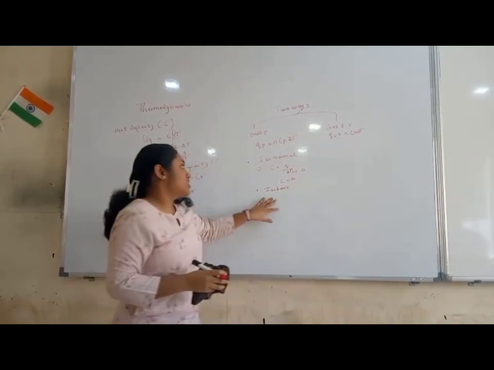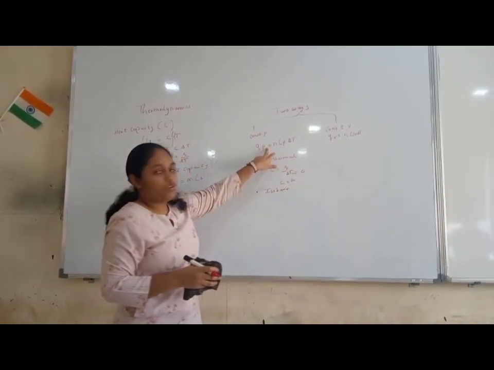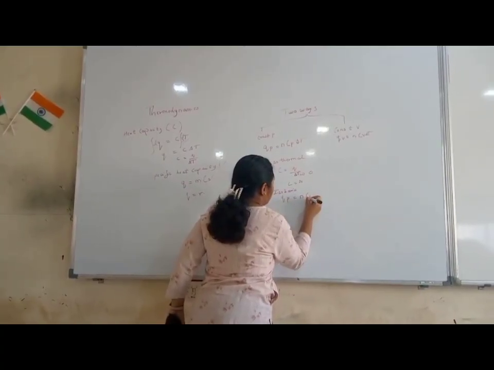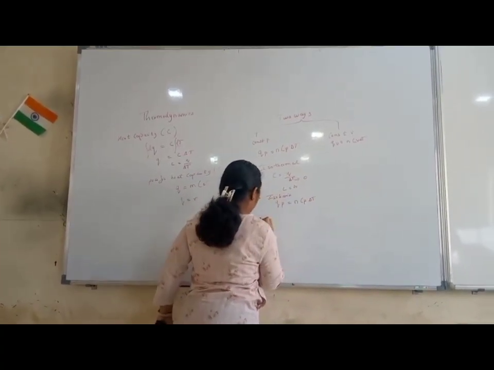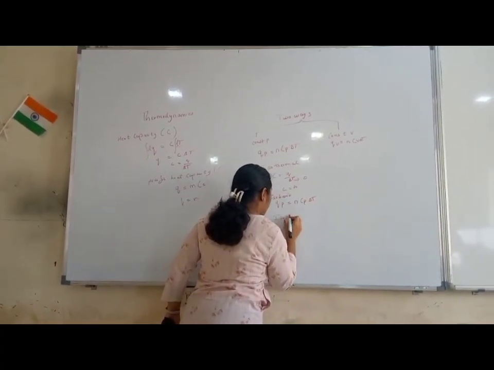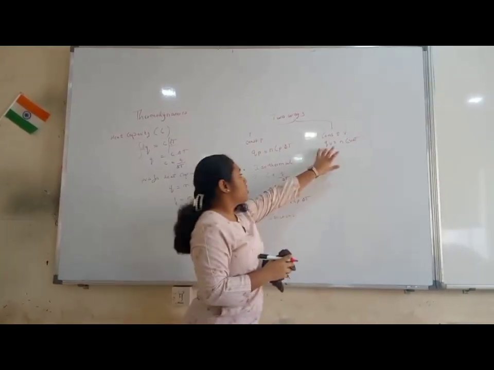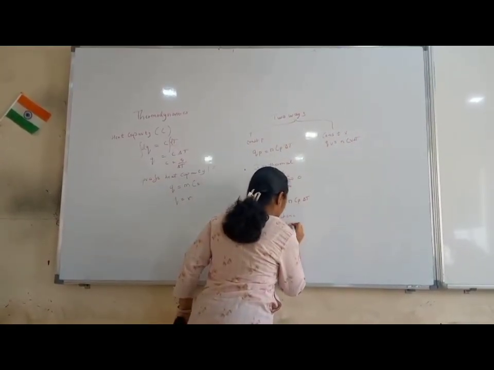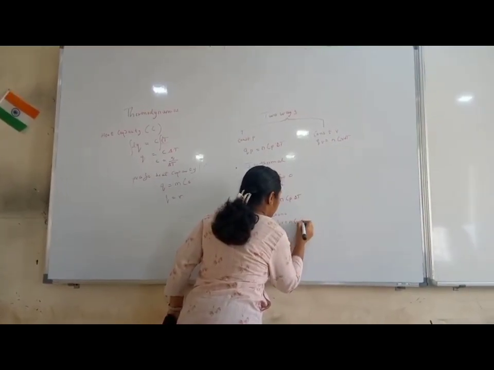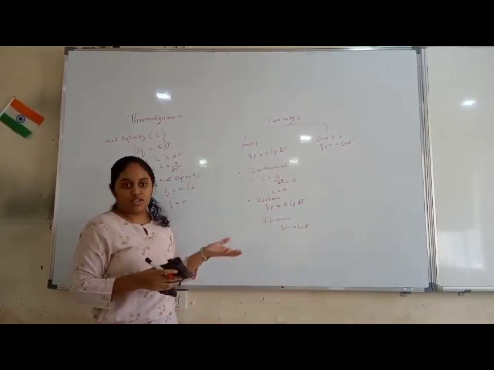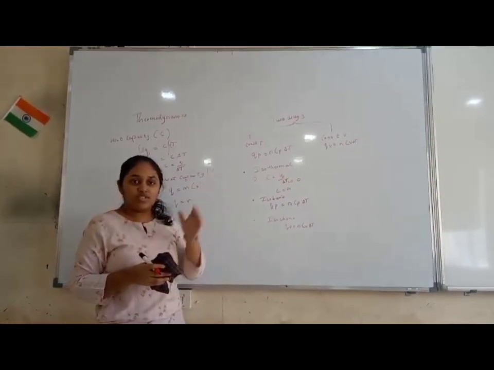At constant pressure, same formula, QP is n CP delta T. Isochoric, at constant volume, Q is n CV delta T. What about adiabatic? As I told, heat capacity may be positive, negative or 0.